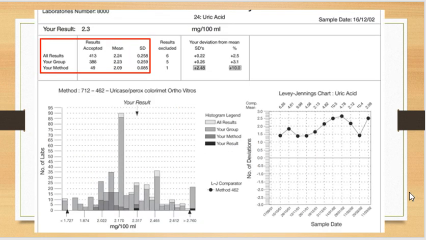And this is another example of the EQA report. Okay, this shows that the user needs to troubleshoot or investigate the uric acid test. So this is the uric acid test. This is the result, and it compares you with all the result values.